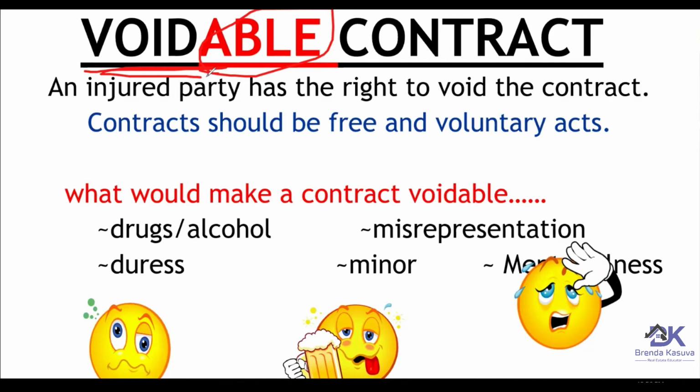So voidable is where when we get to a stop sign, we would then need to determine, do we go left and cancel it because it's a void contract, or the person proves that yes, they're over 18, so now we go right and we continue on. So a voidable contract is one that is able to be voided, but the person needs to speak up.